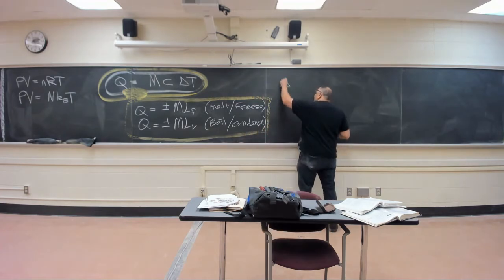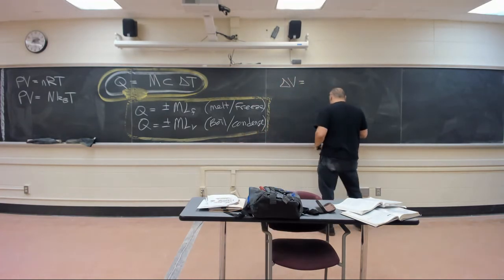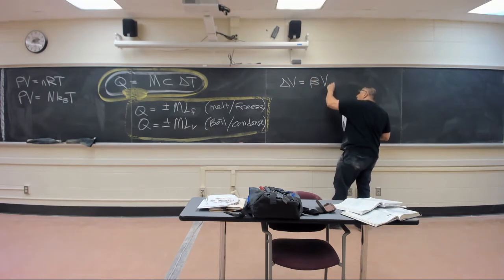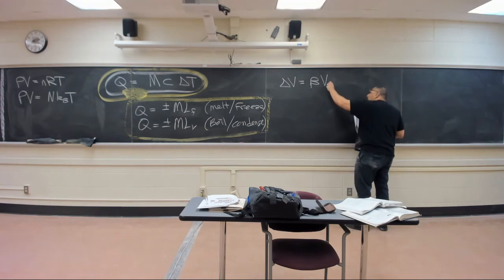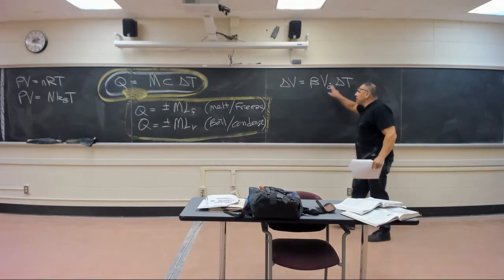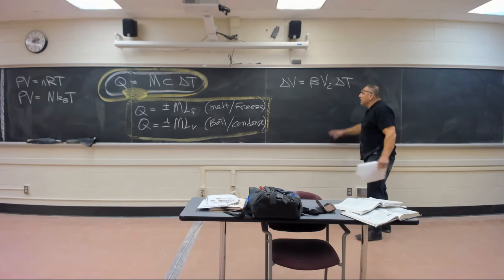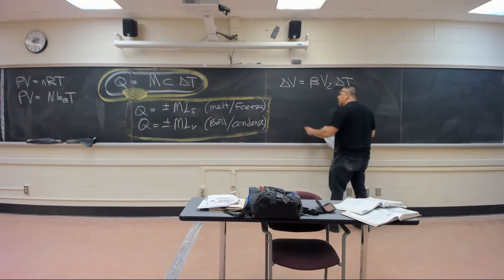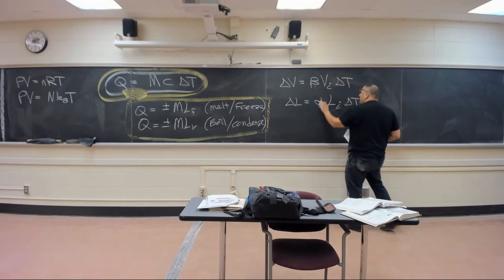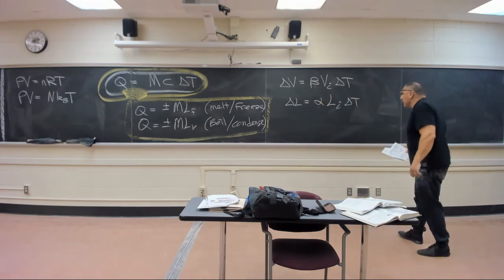A volume will expand by this coefficient called beta times the initial volume. The more volume you've got, the more expansion there's going to be if you can actually make the temperature change. The greater the temperature change, the more expansion in volume there is going to be. This beta is usually about 3 times bigger than alpha, and alpha is the linear expansion coefficient. Coefficient of volume expansion, coefficient of linear expansion.